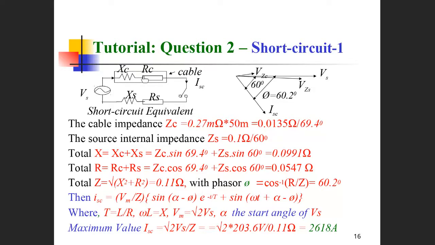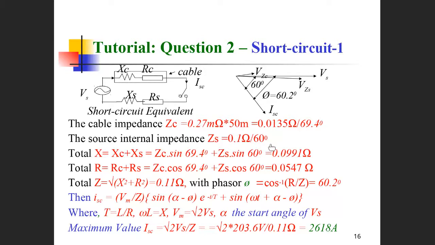Generally, the cable impedance is very small, and the internal impedance of the source is also small. The cable, 50 meters long, has a very large impedance angle, almost 70 degrees. From the tables the cable impedance is 0.0135 ohms, and the source internal impedance, as given in the question, is about 0.1 ohm at 60 degrees.